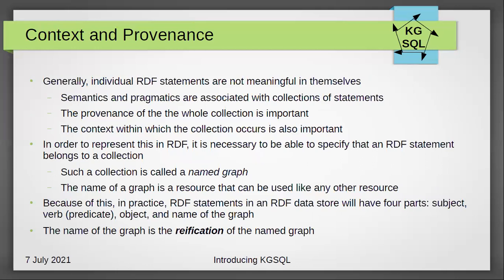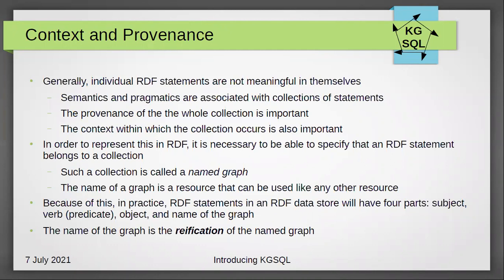Context and provenance are another example where we have to do reification in order to deal with the kinds of things we would like to do with knowledge graphs. Now, in this case, the issue is that statements are not meaningful in themselves. You generally need to be able to specify semantics and pragmatics of collections of statements.